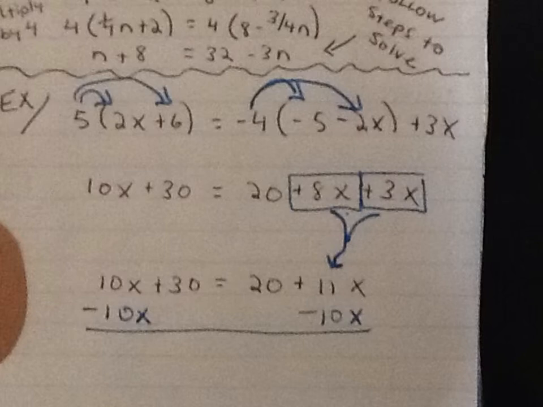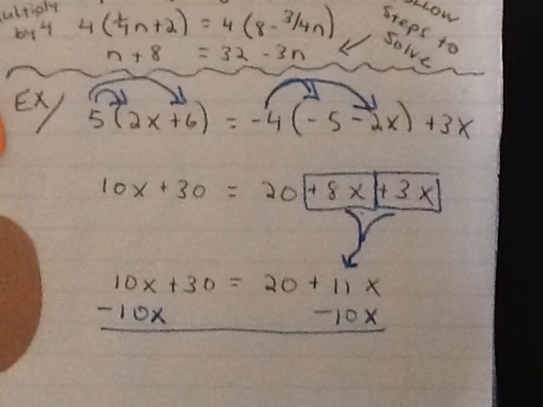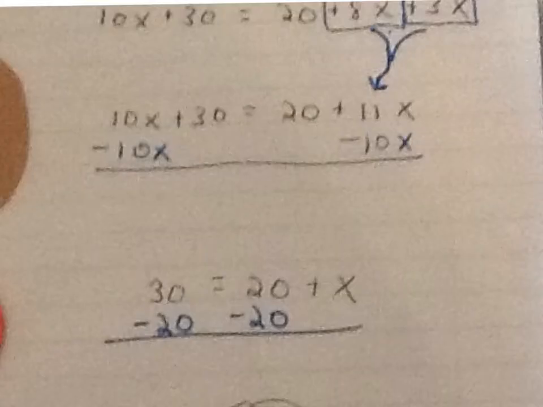If I subtract the 10x from this side, then I can do the same thing on this side. And what I'm left with is on the next slide, so I'm going to show you. When I subtracted the 10x from both sides, this went away and I bring down the 30, then I have 20 plus 1x.